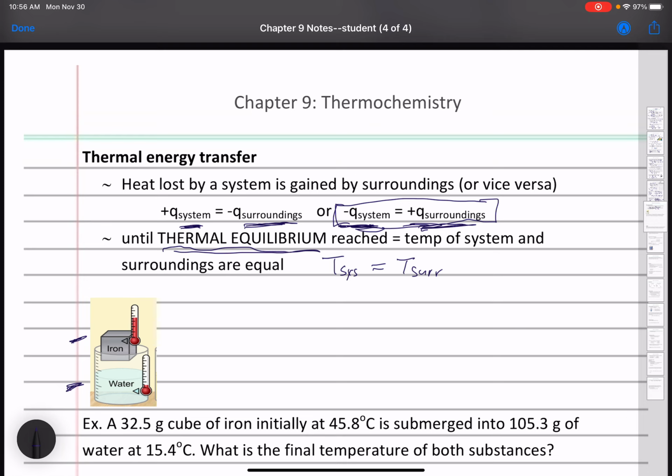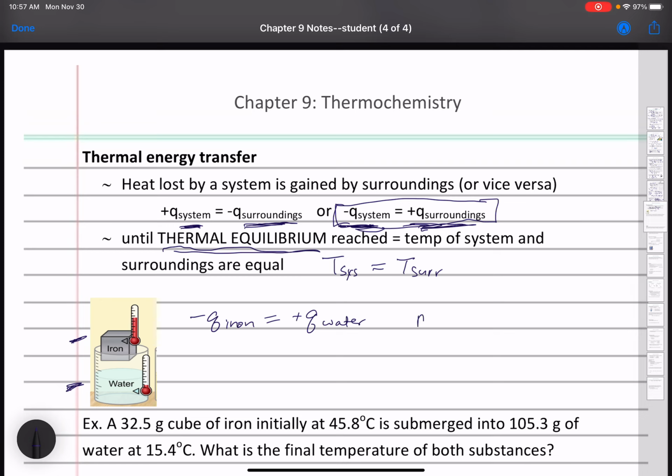So we could write out the heat that's lost by the iron must equal the heat that's gained by the water. All right, so if the heat that's lost by one is equal to the heat that's gained by the other, we could also substitute in the equation for heat.